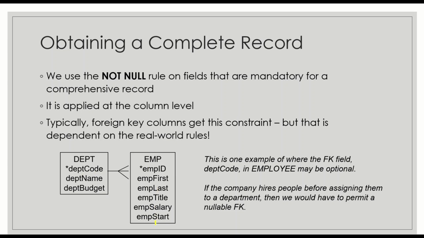For every employee, they have to be assigned to some department. Now, if that's not the case in this company, if employees can be hired without being assigned to a department, then you might want to make that foreign key field department code allow a null. So that is part of the design phase of your database, determining which fields are required and which are optional.